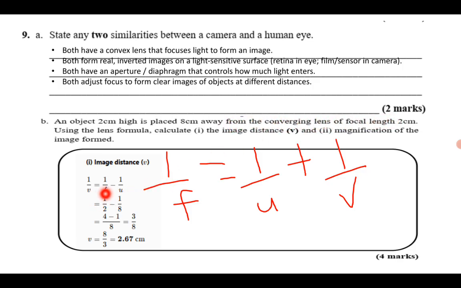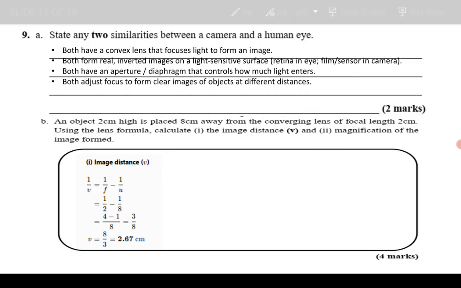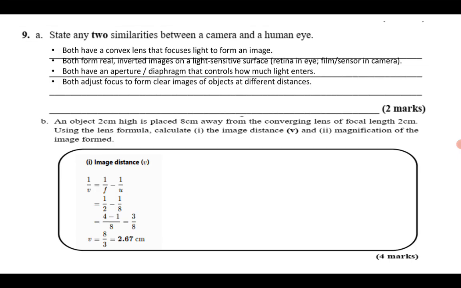All right, so we have focal length 1/2, where the object distance is 8. Simplifying and making v the subject gives us v equals 2.67, which is the value of the image distance.